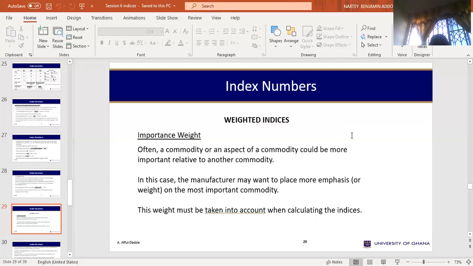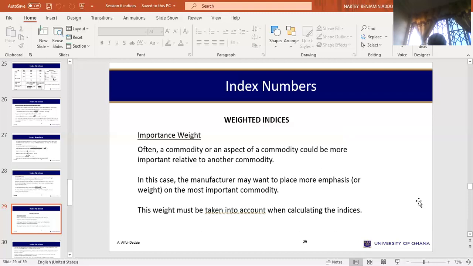So we can place more weight on bread compared to butter. The weight must be taken into account when calculating the index, not the indices.